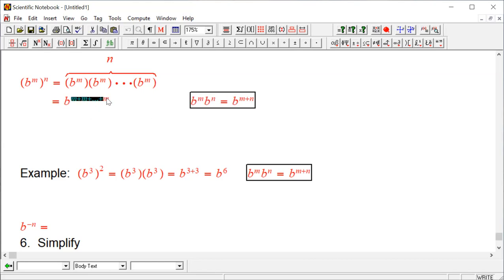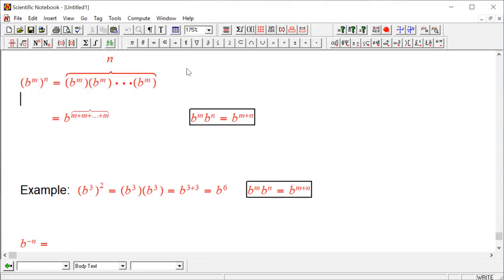How many times has this m been repeated? n times, right? So this is n times again. So in the end, we get b raised to the power of m times n. So here we go. We derived another formula right there.